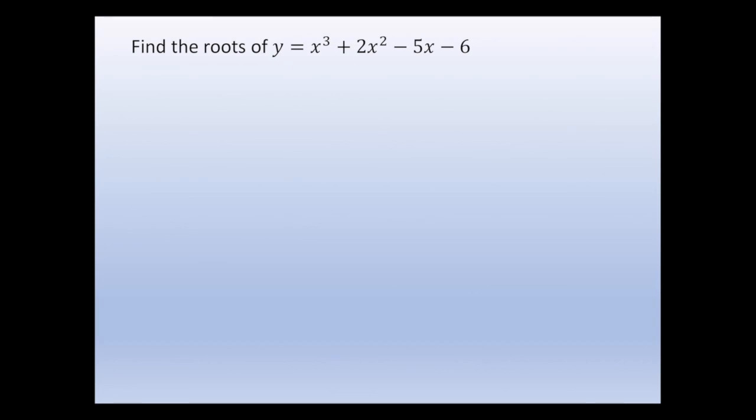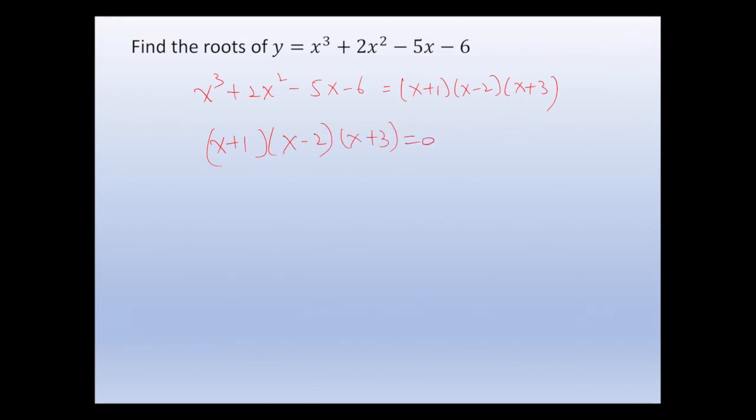What I want you to do is find the roots of x cubed plus 2x squared minus 5x minus 6. The reason I'm using this old example is we have already factorized it. We know that x cubed plus 2x squared minus 5x minus 6 is actually x plus 1, x minus 2, x plus 3.